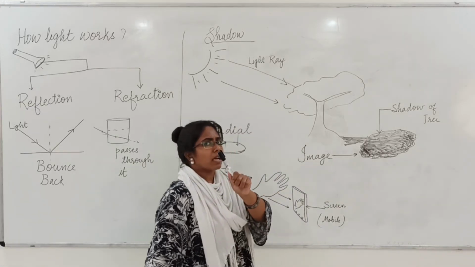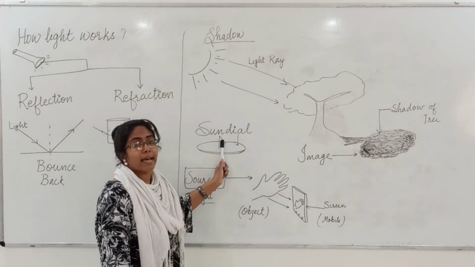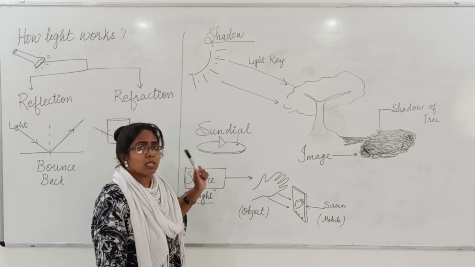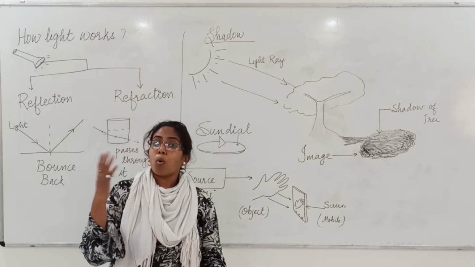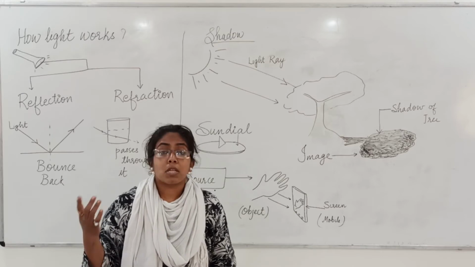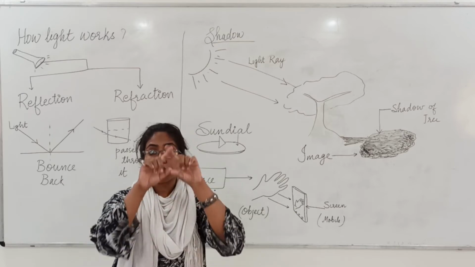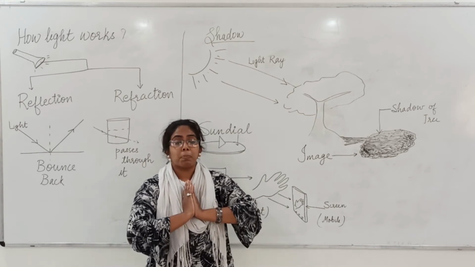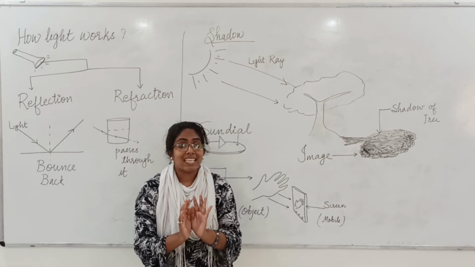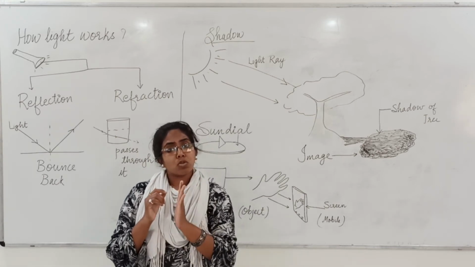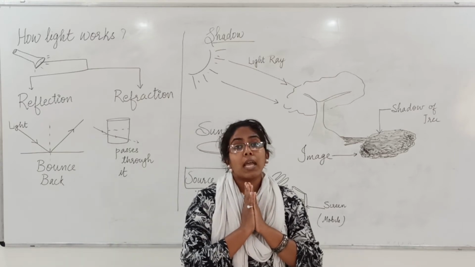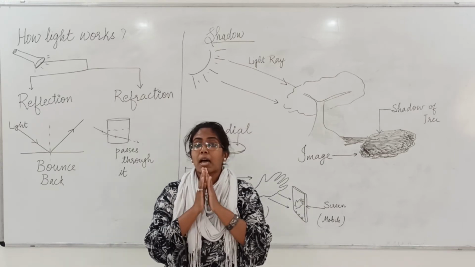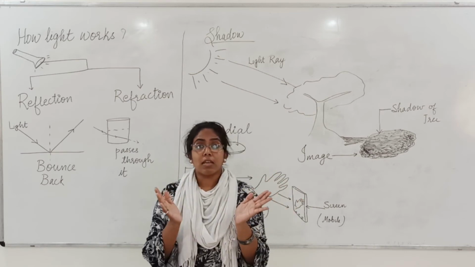Now you can see there is something written here called a sundial. What is this sundial? In old days, in our ancient days, when we did not have clocks or watches, our ancient people used to see the shadow. As soon as they saw the shadow, they would understand that the time had changed. It's morning, it's evening, it's afternoon.